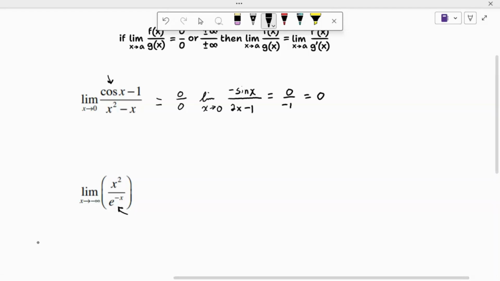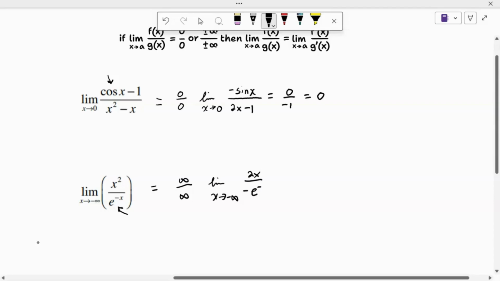Okay, next example, if I go to plug in negative infinity into the numerator, I would get negative infinity squared. I'd get infinity over infinity, so I can use L'Hopital's rule here. So this would be the same as the limit as x approaches negative infinity of the derivative of the top, which is 2x, and the derivative of the bottom is a chain.